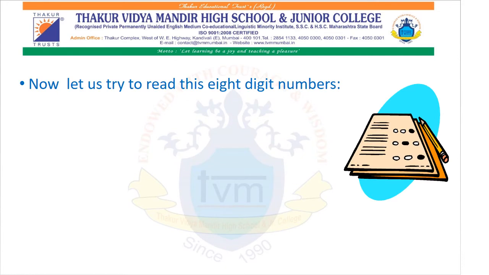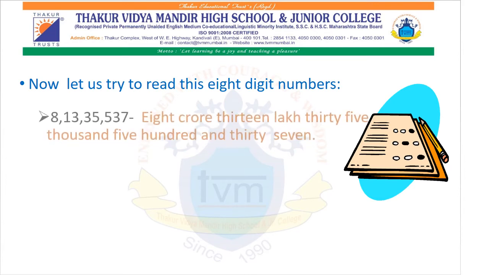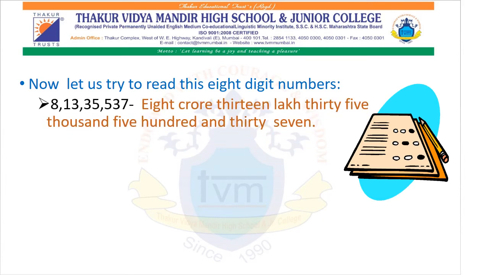Are you ready with the pen and pencil? Note down the first number and try to read it. It is 8 crore 13 lakh 35,537. Correct? Try to read it with me. It is 8 crore 13 lakh 35,537. Good.